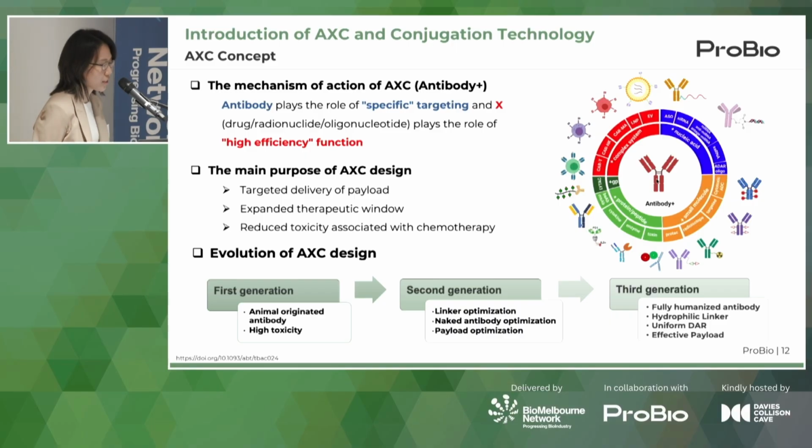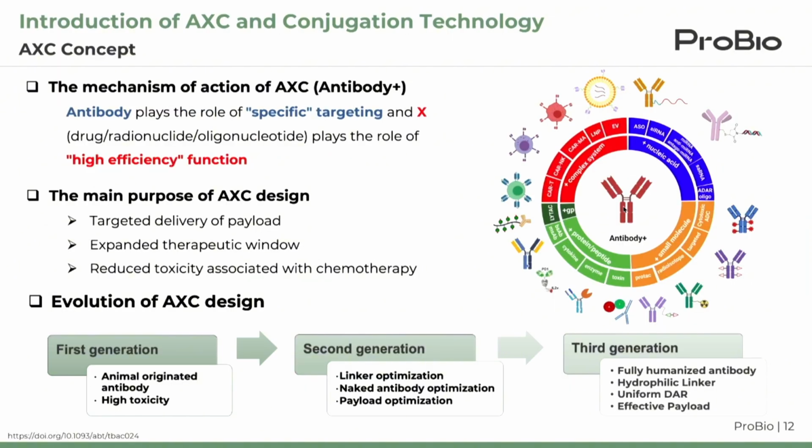The AXC concept, or some people call it antibody plus, is a rapidly evolving term over the past decade. In this term, the antibody plays the role of specific targeting, and the X plays the role of high efficiency function. This X could represent a variety of different modalities.